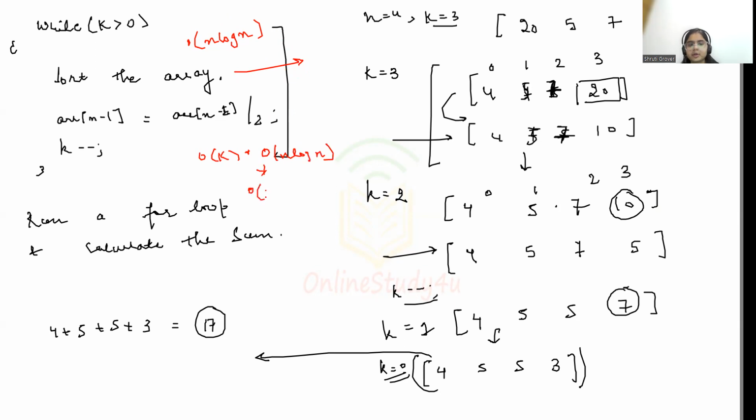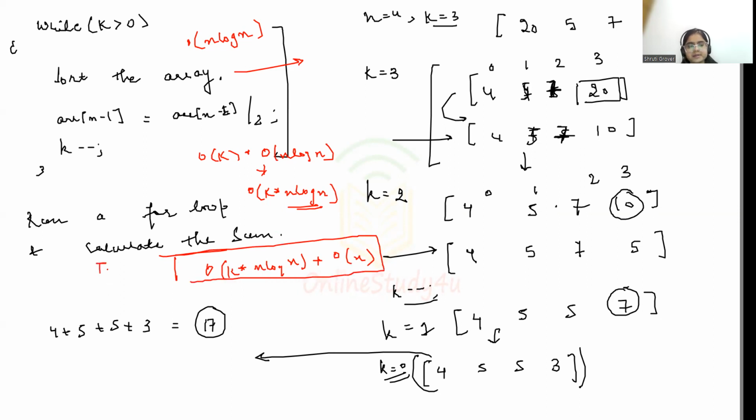And then I am calculating the sum, so it will be order of k into n log n plus order of n. This will be my overall time complexity, and space complexity will be order of 1 because I am not using any extra space. So I'll code this problem in C++ and will show you the code in Java also.